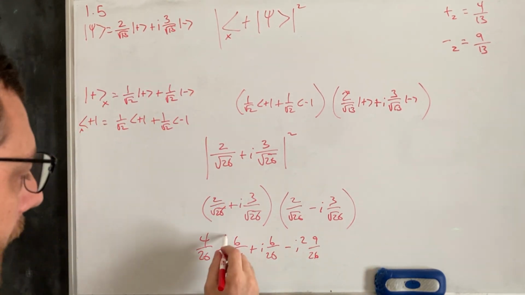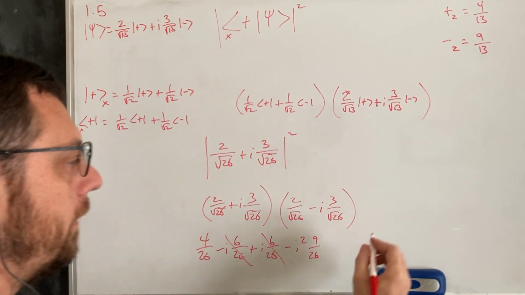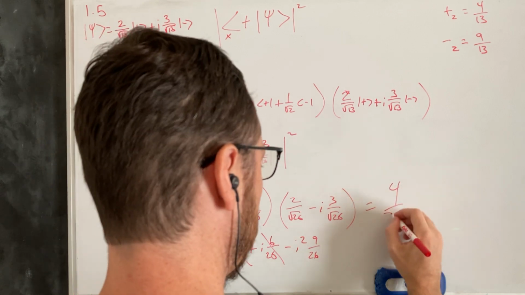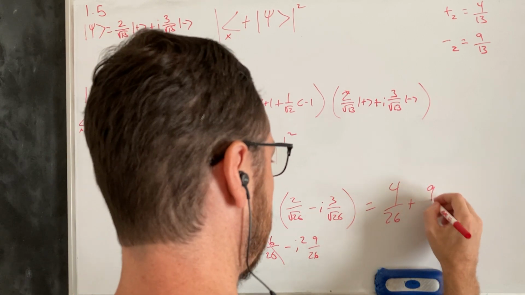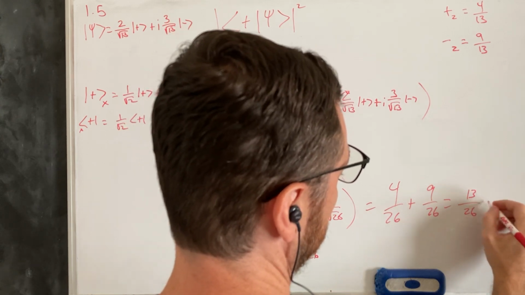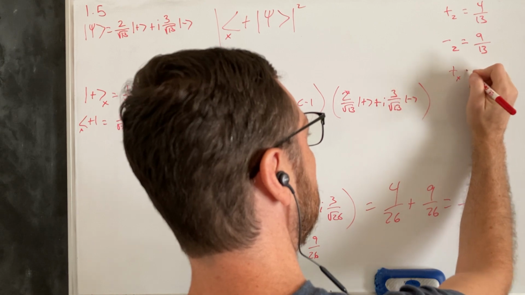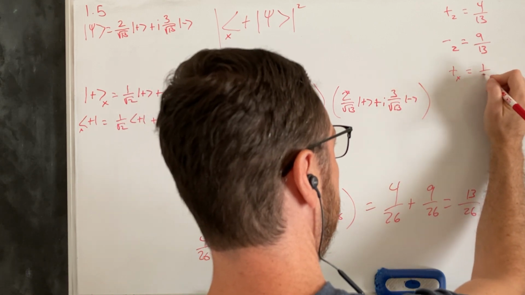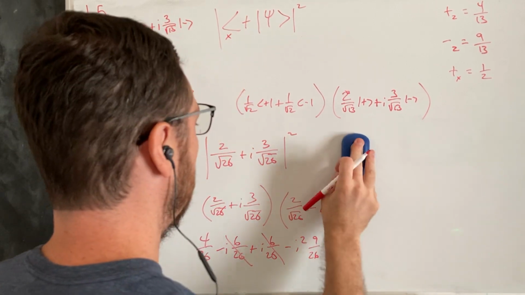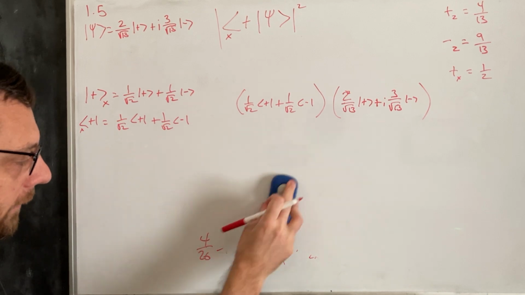Okay, so these terms cancel out. i squared is -1, that's going to flip the sign. So that's going to be equal to 4/26 plus 9/26, which is equal to 13/26, which is equal to 1/2. So our up in the x direction is going to be a 1/2 probability of reading that, which means if we did the math right, we should get a half for the down direction also.